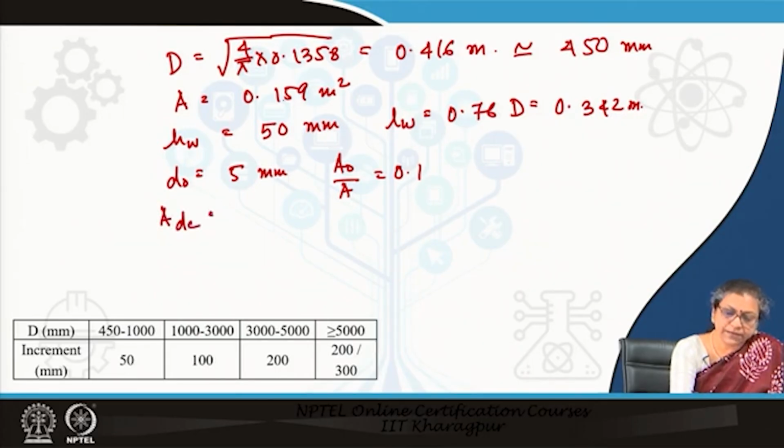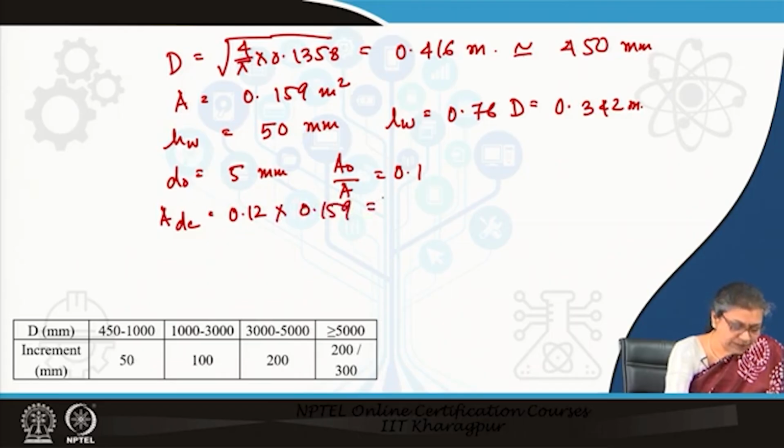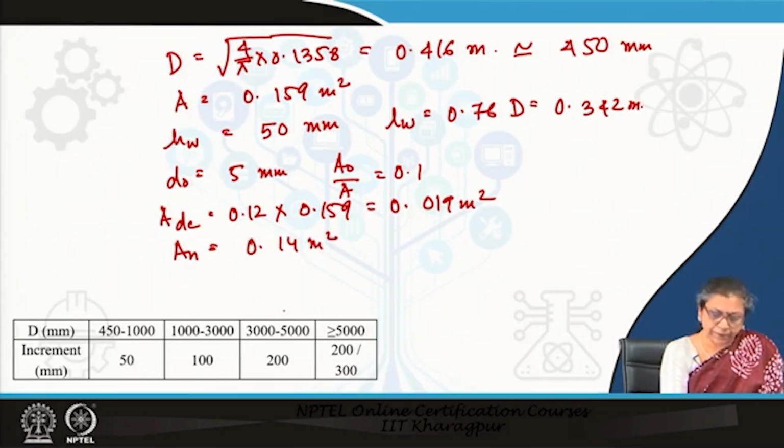Based on this diameter, the ADC is going to be 0.12 into 0.159, which gives us 0.019 meters square. The net area we need to recalculate once more. This comes to 0.14 meters square, right.